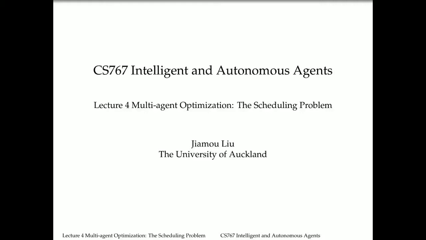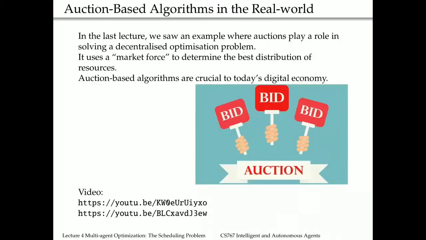And we were looking at the assignment problem. The crucial aspect of the last lecture was we used an auction mechanism for the agents to collectively determine a solution which has the optimal value.